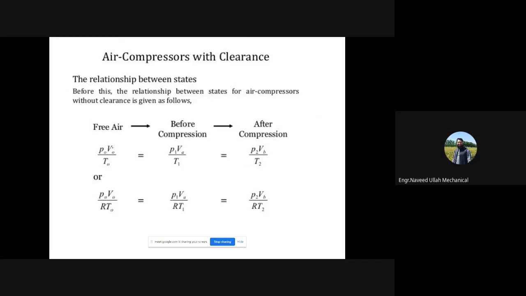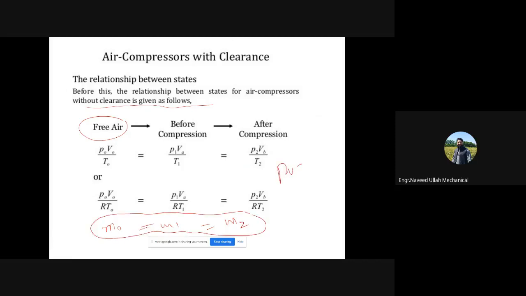If you remember, we also talked about the relationship between states. Before this, the relationship between states for an air compressor without clearance volume was given as follows. The free air is P0 by T0, as I told you. Basically we want to show that this is M0, this is your M1, the mass flow rate is a constant. So how do we have this mass flow rate as constant?